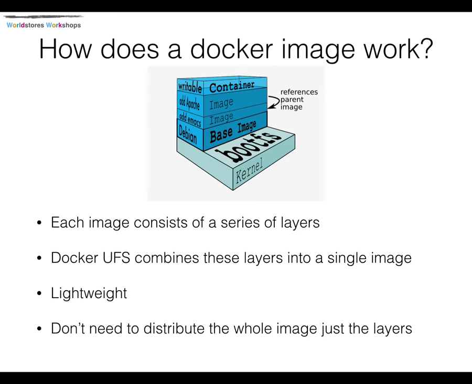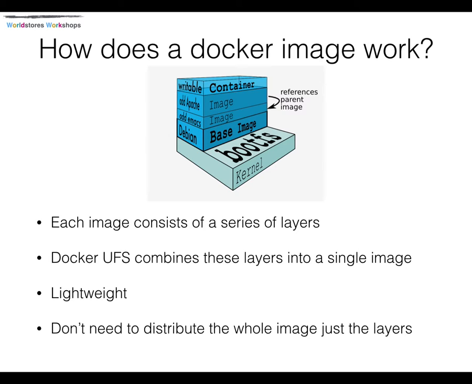So just briefly, how does a Docker image work? The Docker Union file system: each image consists of a series of layers. You'll have your base image, which might be an official image like CentOS 7 or Debian Wheezy. When you create images subsequent to that, Docker layers on top of it the changes that you've made.